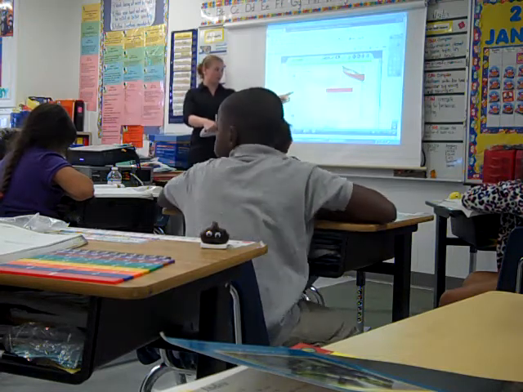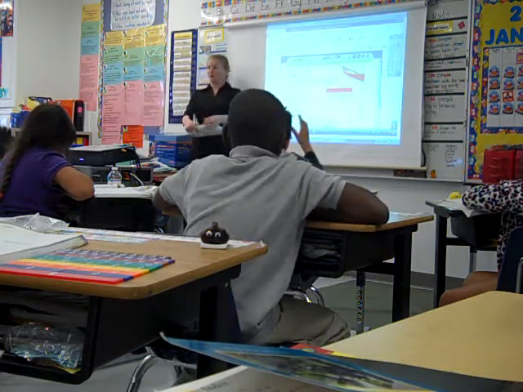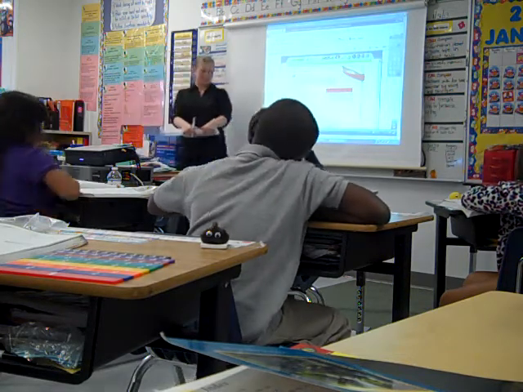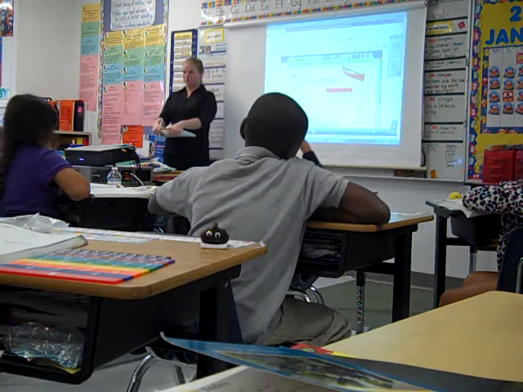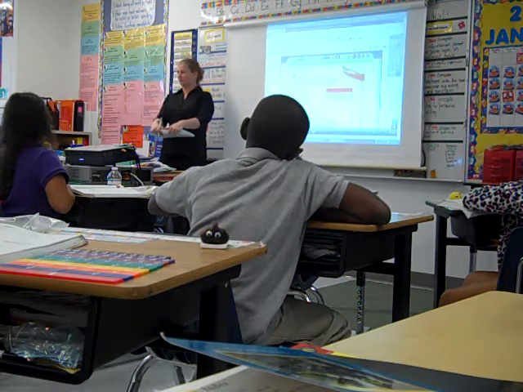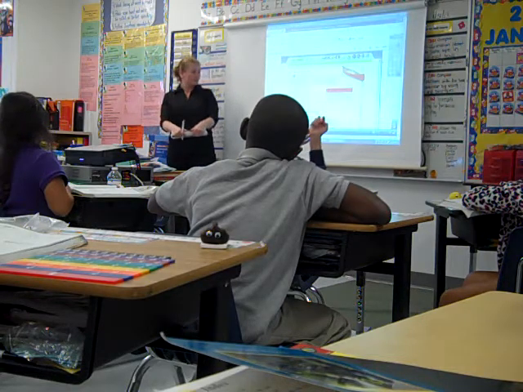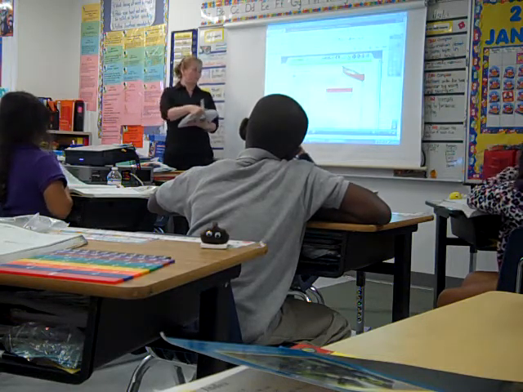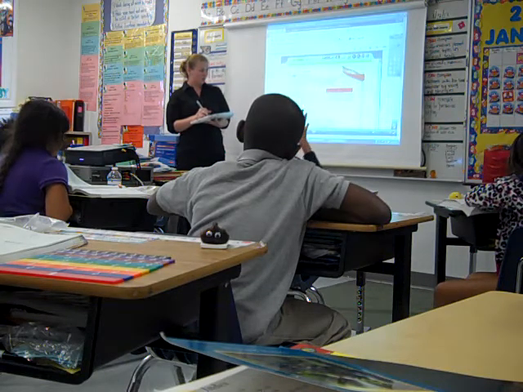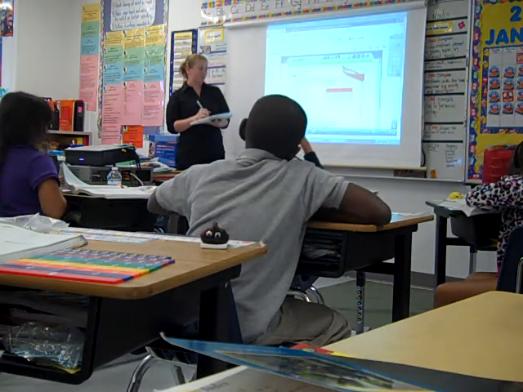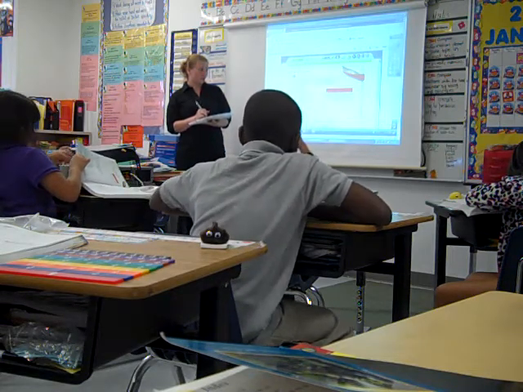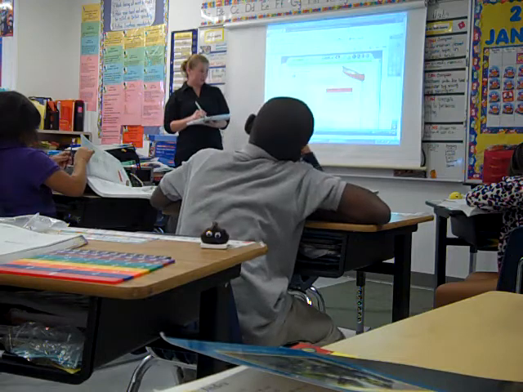So if we know that we have 3/12 and 3/5, and 3 is the common numerator, but my denominators are different, which fraction's bigger? Show it. 3/5. And the way we can check our answers is right here on the right. It shows us 12/12 and 5/5. So we're going to shade in 3/12, and you're going to help me.